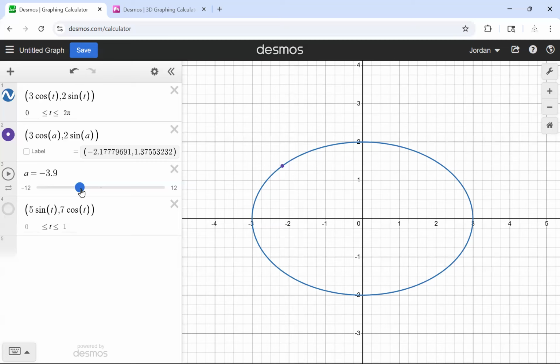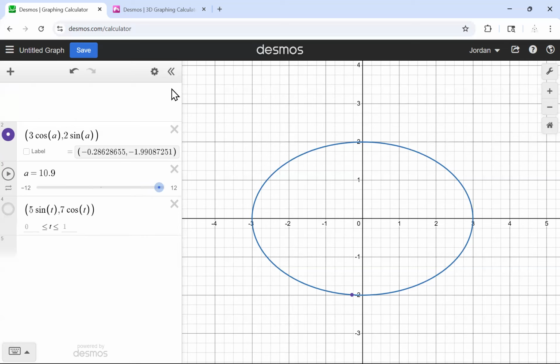So notice that as a is increasing, what's happening on this ellipse is we're moving counterclockwise. So counterclockwise is the orientation of this parametric curve. As t increases, the point is moving counterclockwise. So that's the orientation. We have counterclockwise orientation on this ellipse.